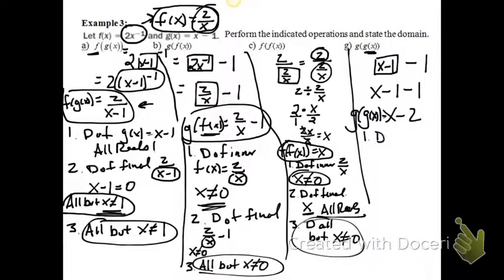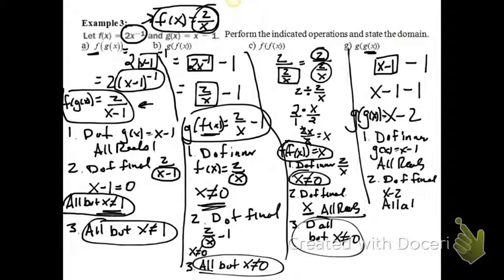For the domain, Step 1, the domain of the inner is g of x, which is x minus 1, and there is no domain issue here. There's no even roots, there's no x values in the bottom, so this is all reals. And if you look at the final answer, x minus 2, there's still not a domain issue, so we're using a domain of all reals.